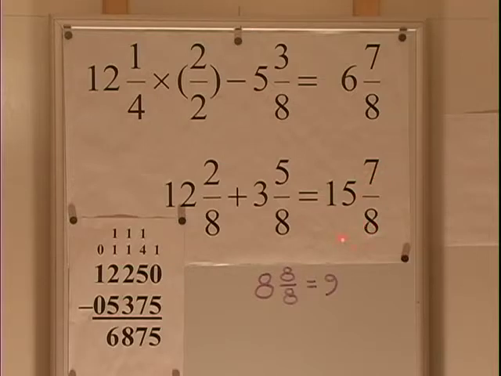Now my last step in the 9's complement procedure is to take that leftmost digit 1 and add it to the rightmost digit. And when I do that, I get 6 7/8. So 12 1/4 minus 5 3/8 equals 6 7/8, which is what I have here when you put the decimal points in, 6.875.